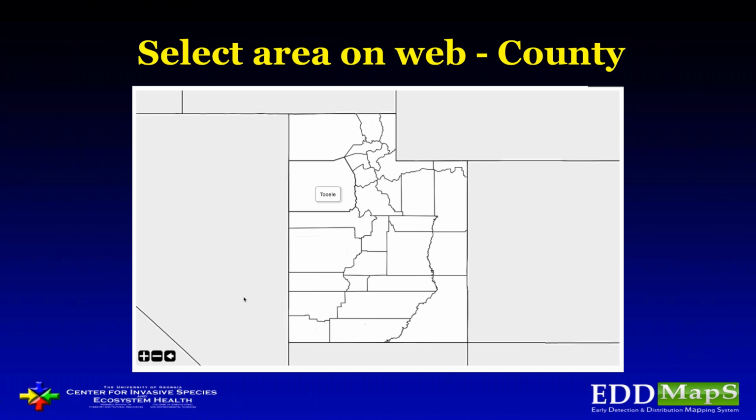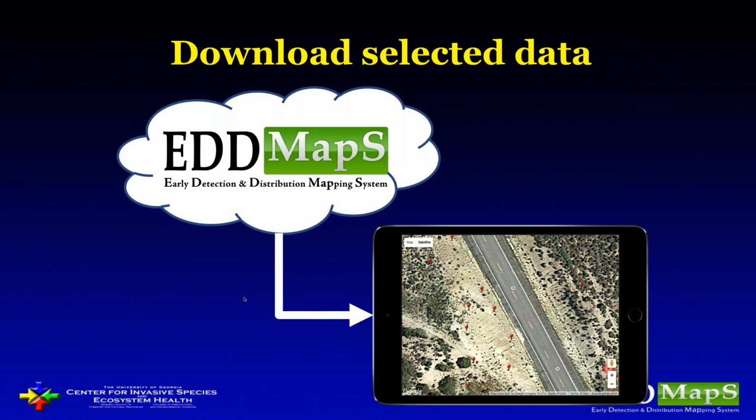So we said, okay, you select an area that you're interested in, in this case a county, and we're choosing a county in Utah for this example.